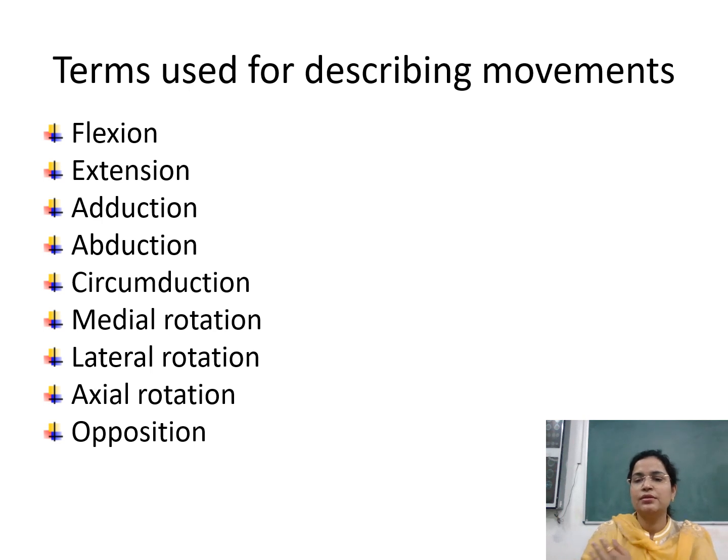Suppose we take the shoulder joint, then the hip joint. At the different joints, different movements are performed by the contraction of muscles.